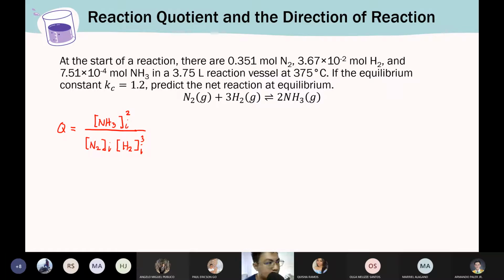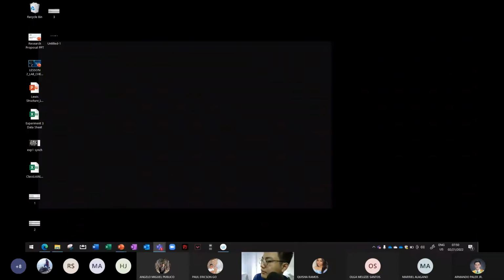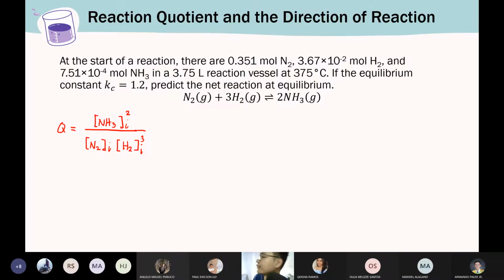Let me know. Tignan maigi yung given. Meron ng concentration sa given. Ano na lang gagawin natin? Should I plug in 0.351 agad?